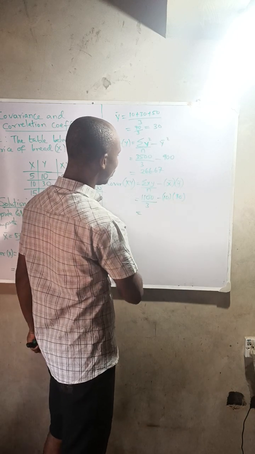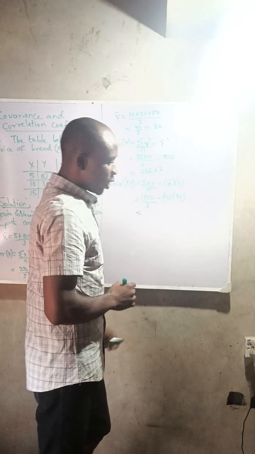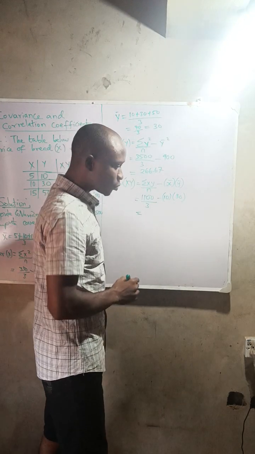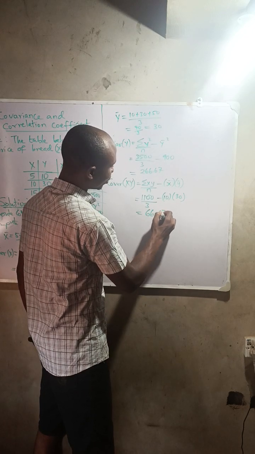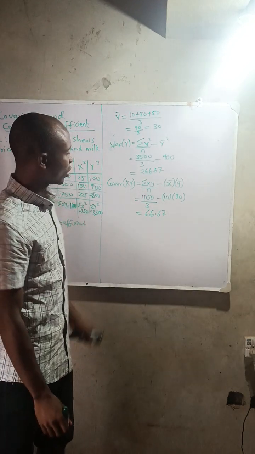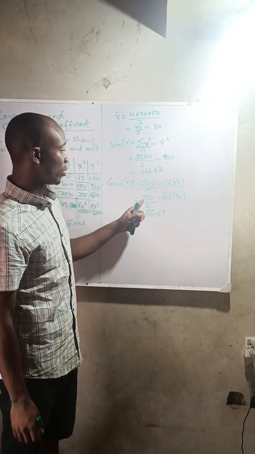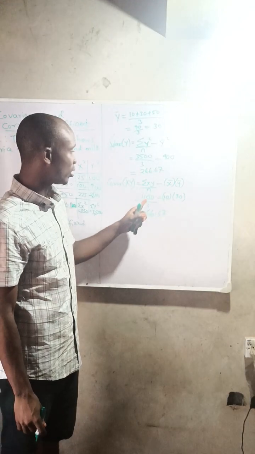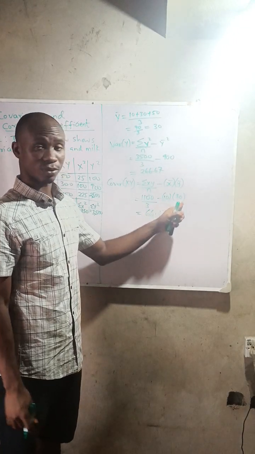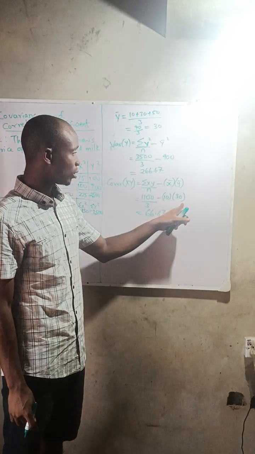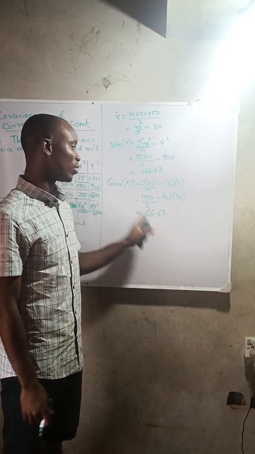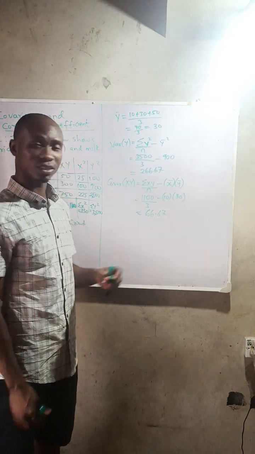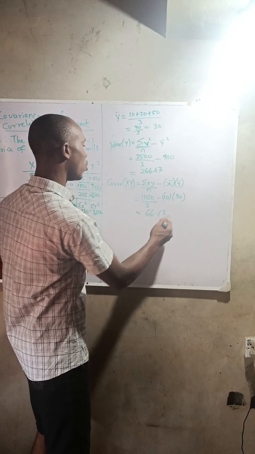So when you do this, we're going to be having 66.67. When you calculate this, 1100 divided by 3 and then minus 10 times 30, which is 300, then when you subtract 300 from this, we have 66.67. So we have calculated the covariance.